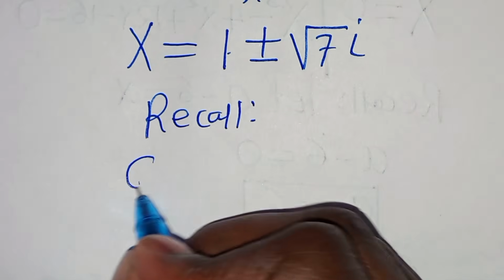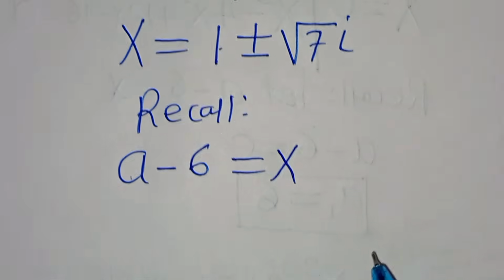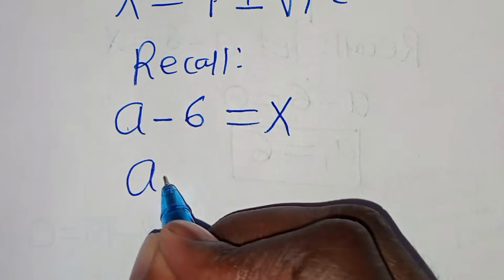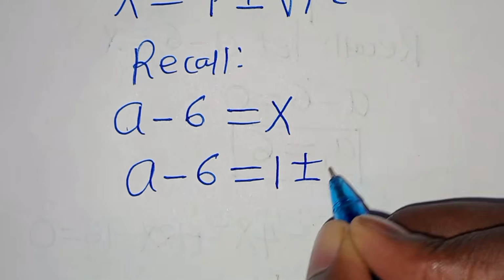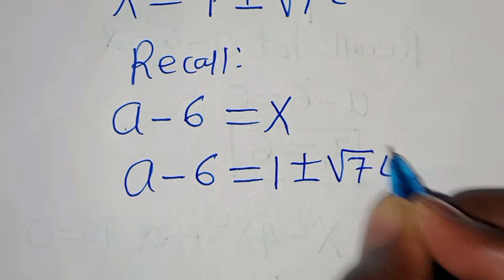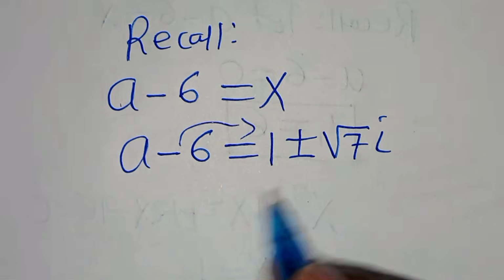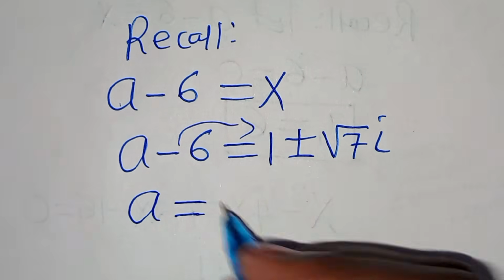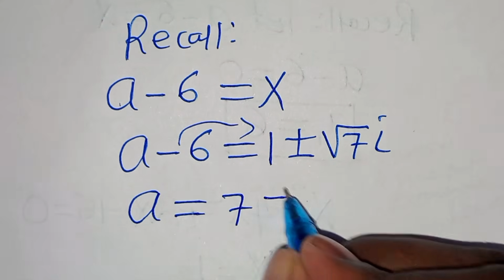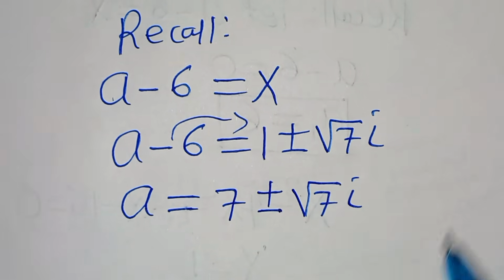If you recall, we have that a minus 6 is equal to x. So this means that a minus 6 is equal to 1 plus or minus square root of 7i. Let's take minus 6 to the right hand side, so that we have a is equal to 1 plus 6, which is 7, plus or minus square root of 7i.